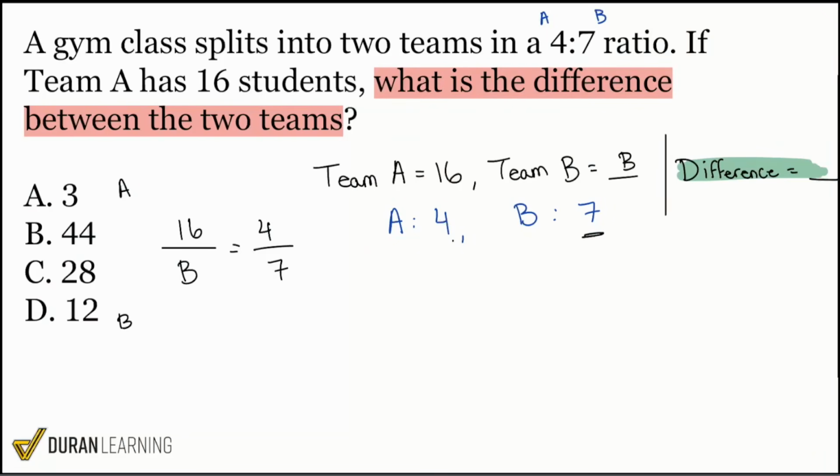So when we do this, everyone, if we were to solve this proportion here, you have to understand that because you're comparing A to B, this will give you B. That's not the difference. That's B. So to get the actual answer, once you're done calculating for B, then you would subtract A minus B or B minus A, whichever one's bigger goes first, and that will be your answer. Let me show you what I mean.